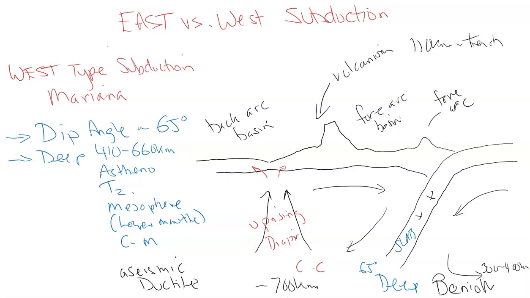But you have this zone of shallow, intermediate and deep earthquakes in these types of subduction zones. You have this array of basins and arcs and volcanism forming because there is less compression and more tensional stress applied by the uprising material.